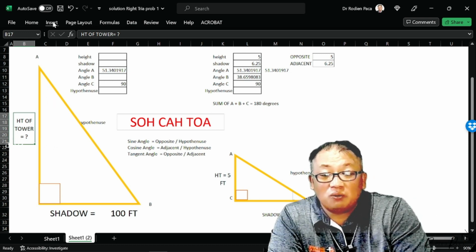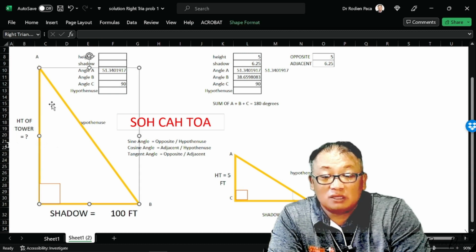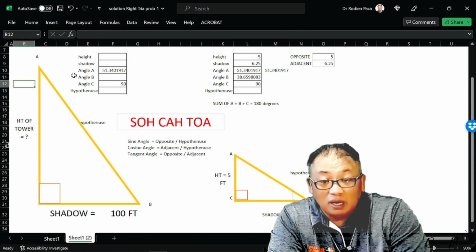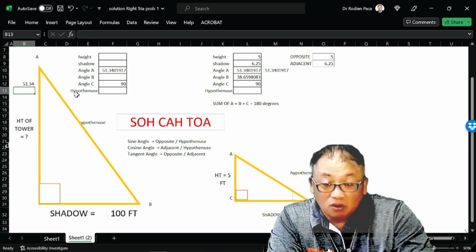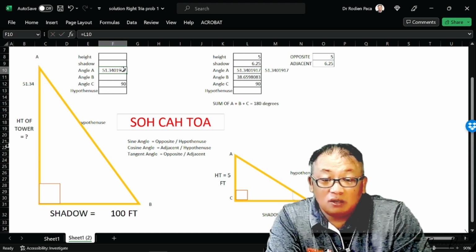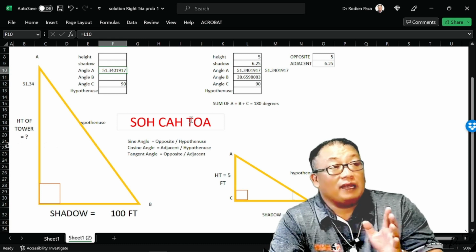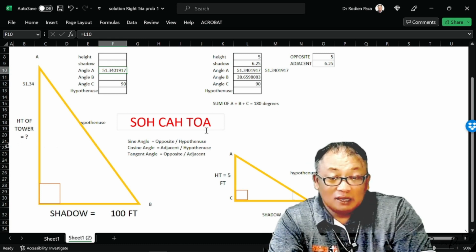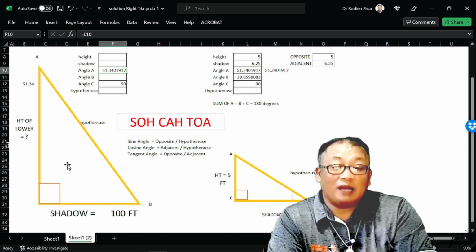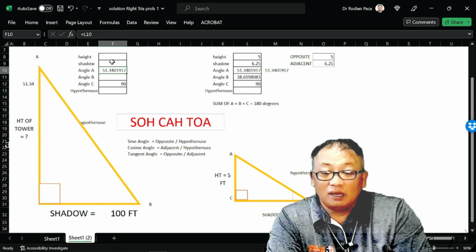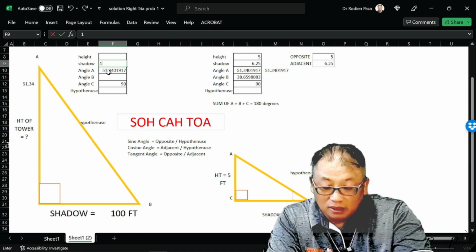What's the angle that we are talking about? This is angle A, which is 51.34. So you use this angle to get the height of the tower. Okay, the shadow is 100 feet.